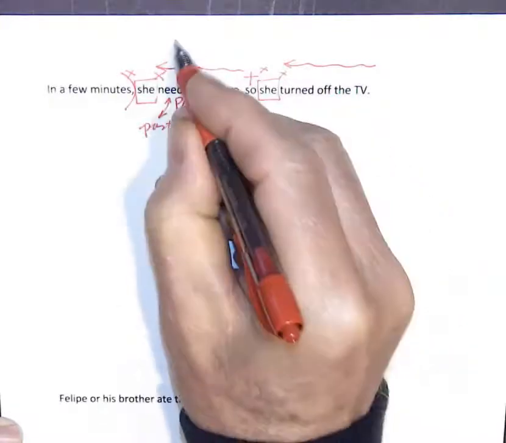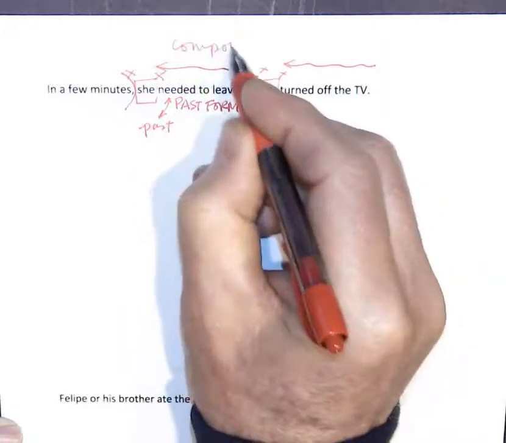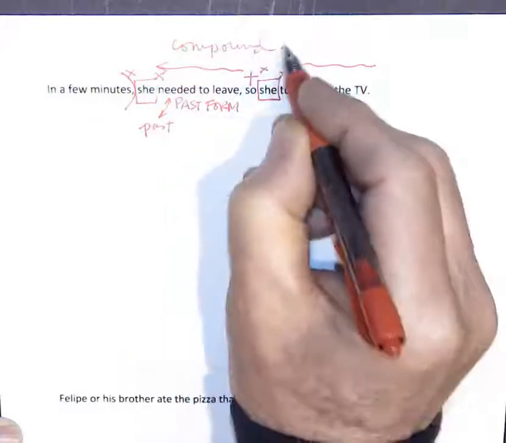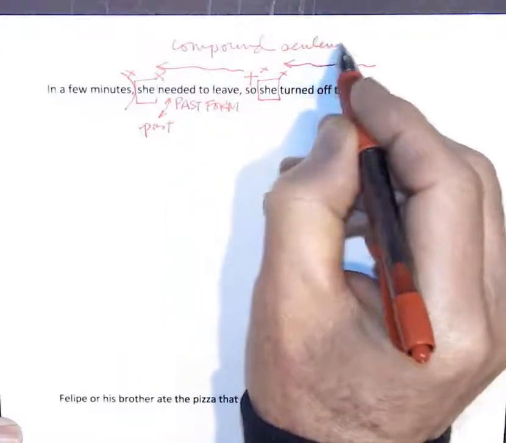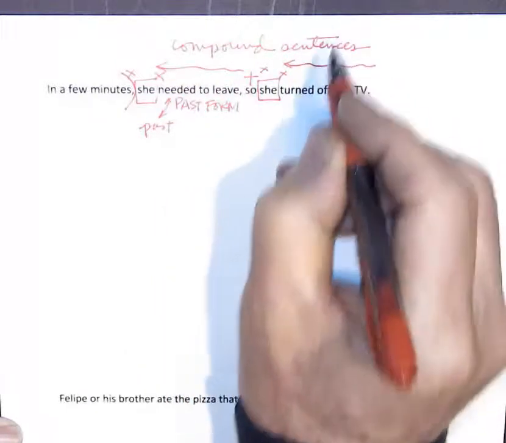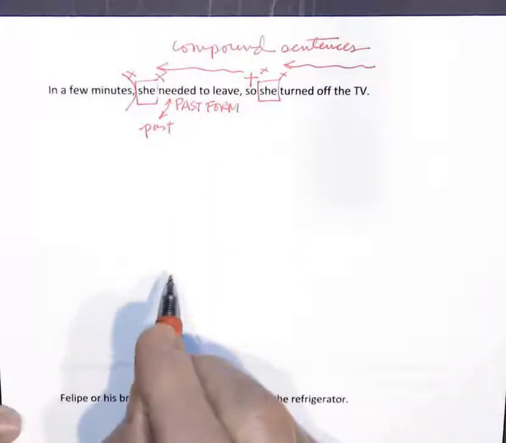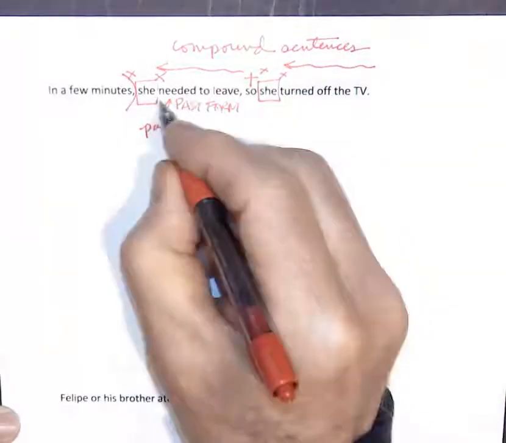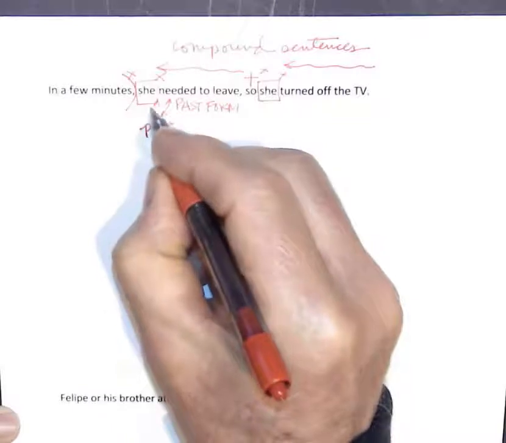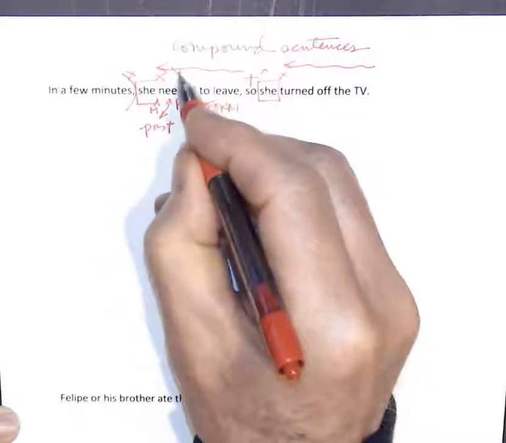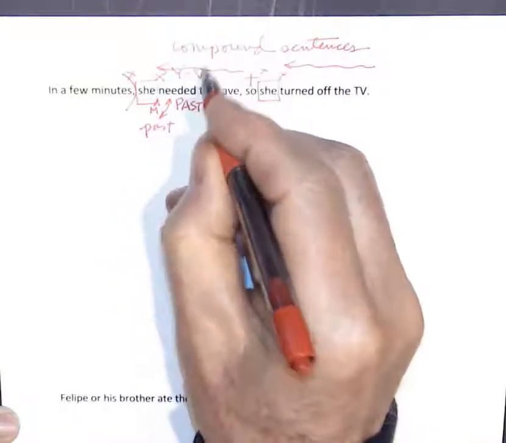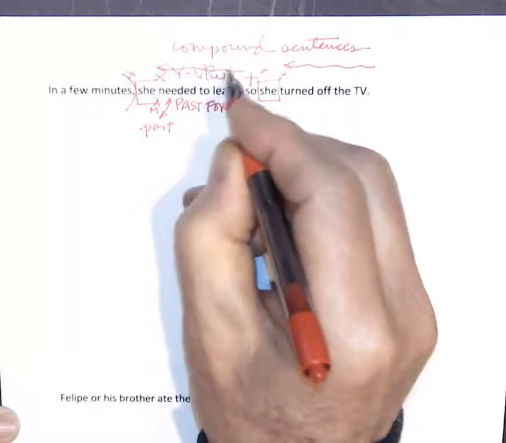And why don't we just give this a name since we're here? Compound sentences. Okay, and the M place is empty. The Y is needed to leave. It's a verb phrase with time.